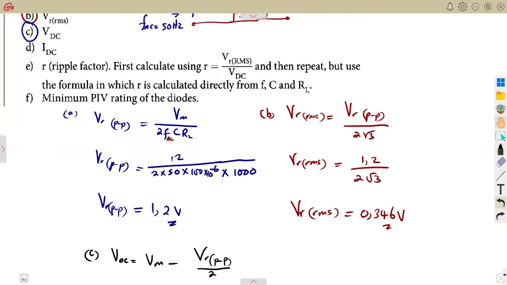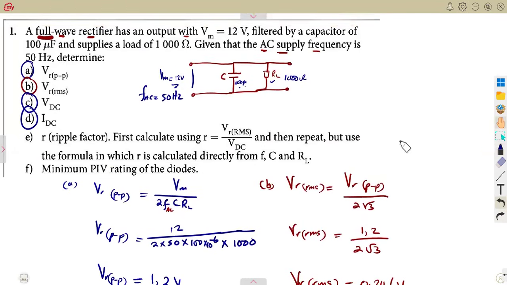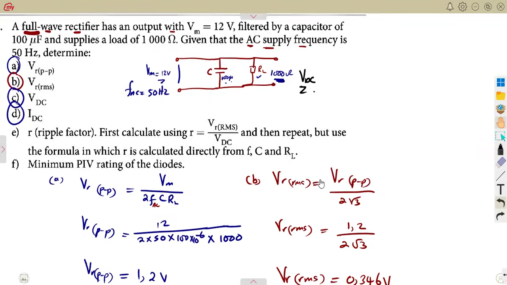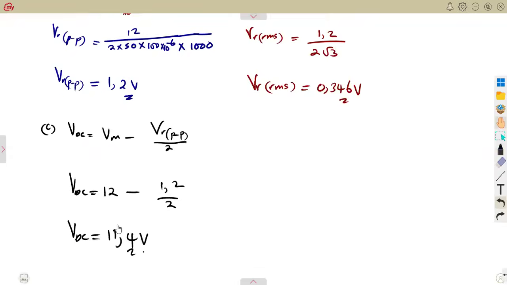Let's see the other part now. It is to calculate IDC, which is the current. In this case, given that there is a load resistor of 1,000 ohms, and we have the VDC we calculated at the output, what is going to be IDC?